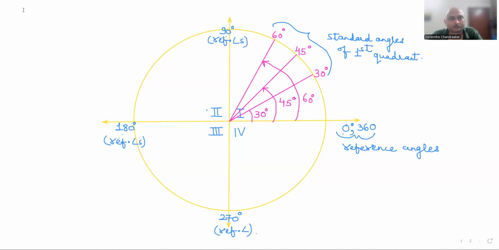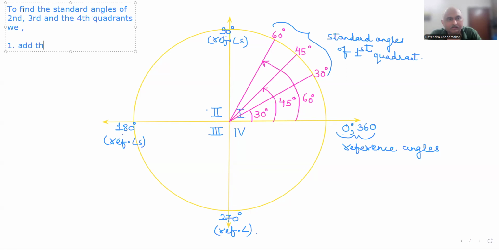So what is the rule to find those? The rule to find the standard angles of the second, third, and fourth quadrants: the first method is to add the standard angles of the first quadrant to the smaller reference angle of the respective quadrant.